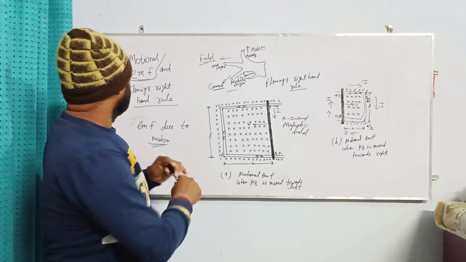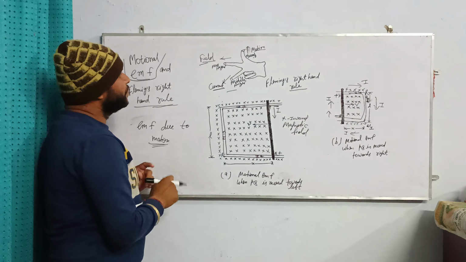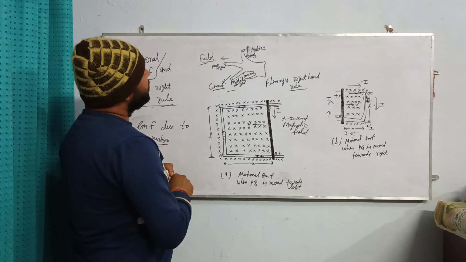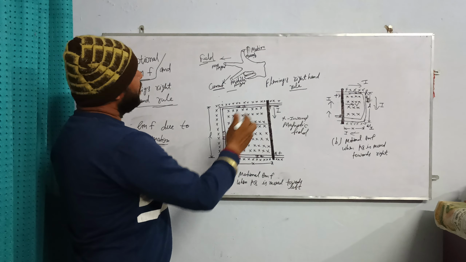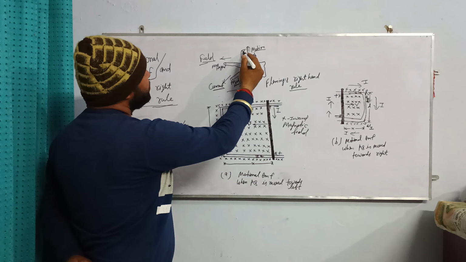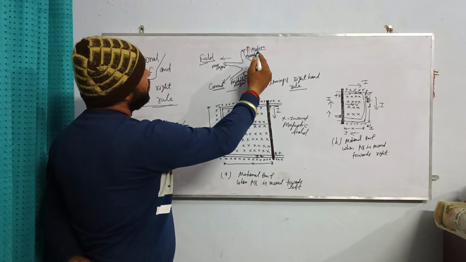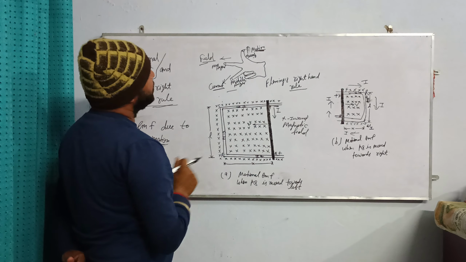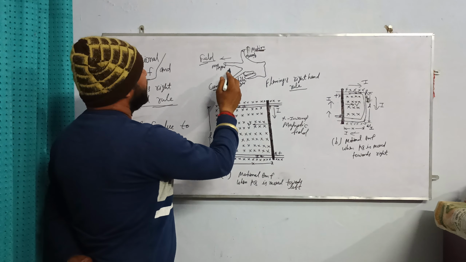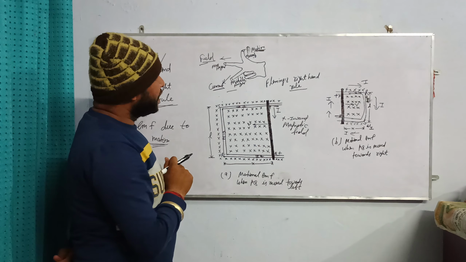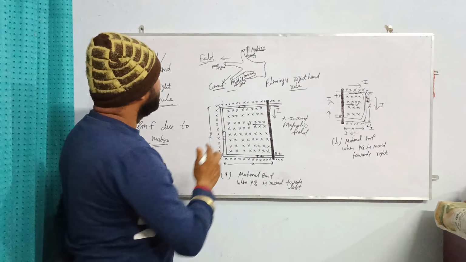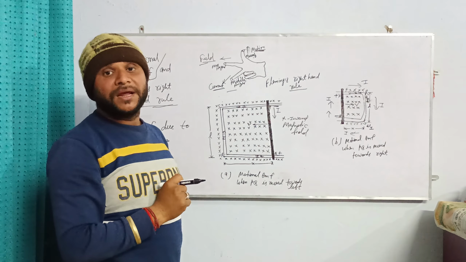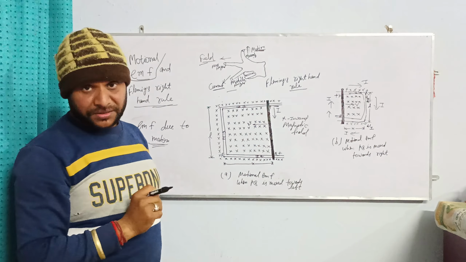Okay, students. What is Fleming's right hand rule? According to Fleming's right hand rule, in any closed circuit, if the thumb represents the direction of the motion of the conductor or force, and the forefinger represents the direction of the magnetic field, then the middle finger will represent the direction of the current flowing in that conductor.